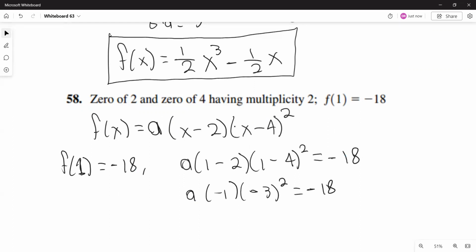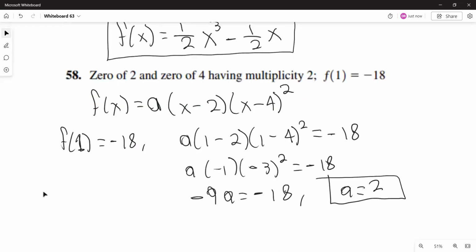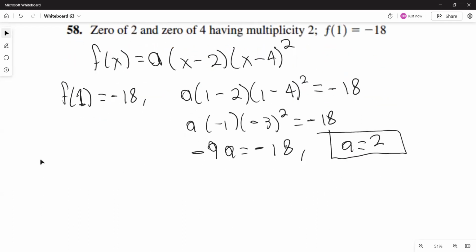But -3 squared is 9. 9 times -1 is -9. Divide both sides by -9, and a is equal to 2. Okay, so far I found the value of a. So f of x is 2 times x minus 2 times x minus 4 squared.